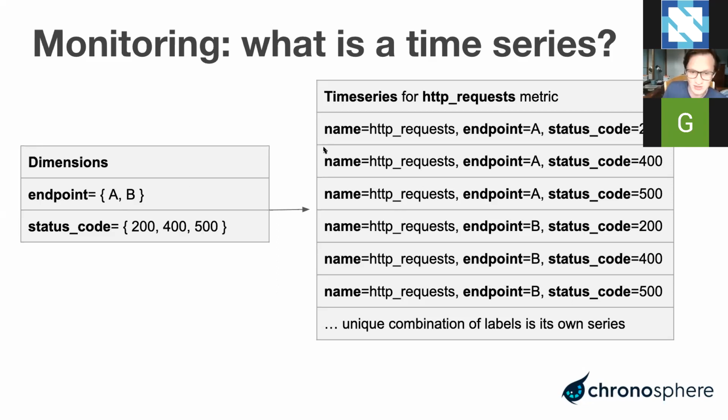So if we take this very boiled down example, let's say we only cared about a few different dimensions, right? Endpoint and status code. Endpoint, we have 2 possible endpoints. Status code, we have 3.